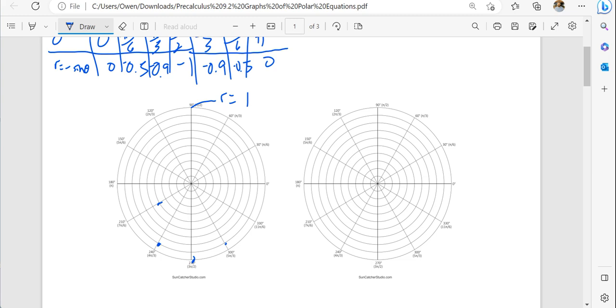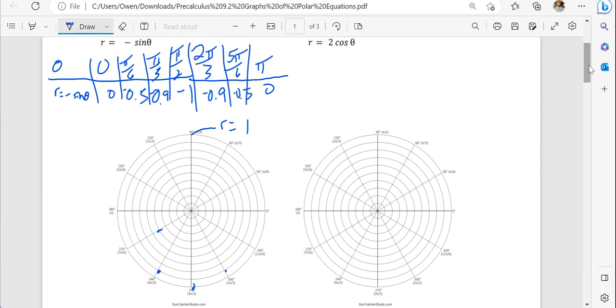Negative 0.5. 5 pi over 3, negative 0.5. And then pi, comma 0. And then if I had 7 pi over 6, I would get 0.5. So it'll just keep going, getting the same values over and over again.